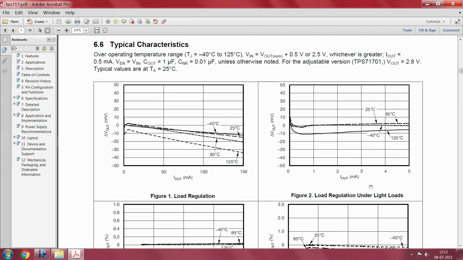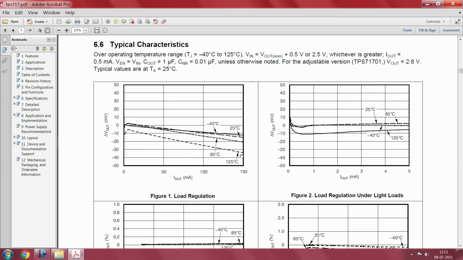You see now the load variation, okay, if you draw 150 milliamperes and you are at sufficiently high temperatures, let us say you have kept the LDO as part of a circuitry placed outdoor, and under that outdoor condition the temperature has gone up, surrounding temperature is at 125 degrees, the output voltage will drop by minus, that means it is dropping down, isn't it, dropping down to anywhere between 35 millivolts to 40 millivolts, that is what it says here.